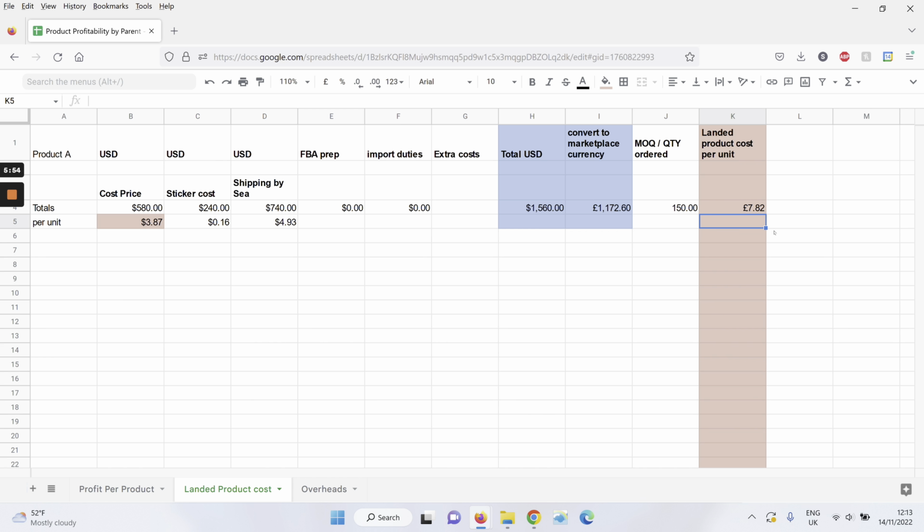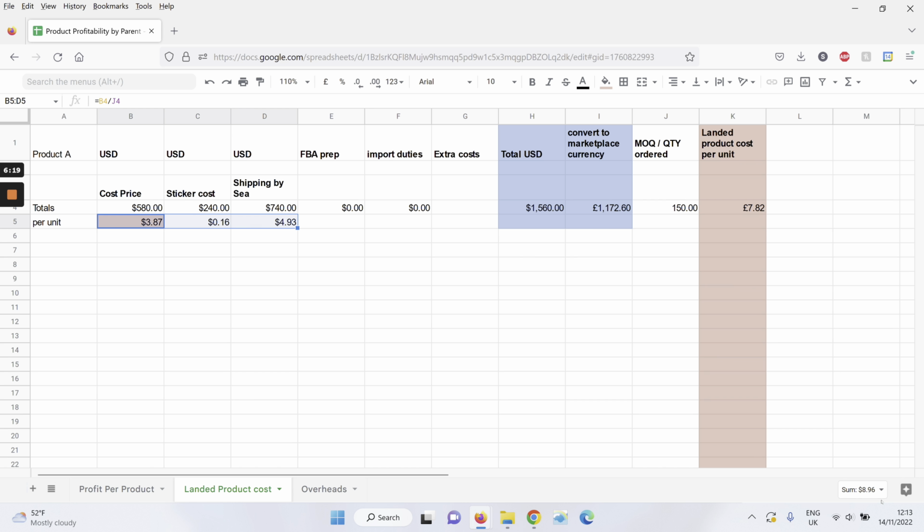Now this is just an example, right? And this highlights that when you are discussing or validating the product, they tell you this is the product cost price. Okay, it only costs $3.87, but when it actually arrives, this is the total. It's actually going to cost you $8.96, not $3.87.